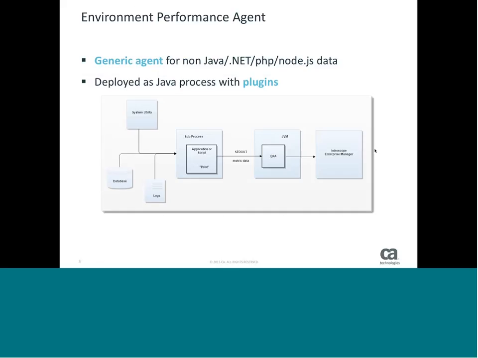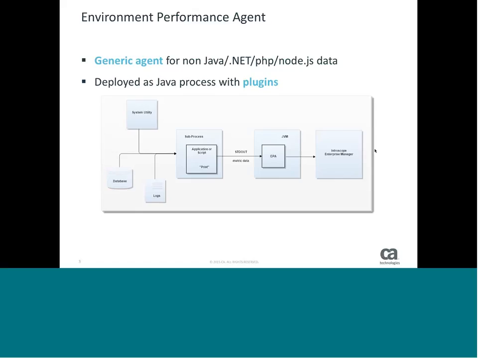You can get information from the local operating system. It's often used to enrich the information you get in CA APM with more detailed operating system metrics like I/O or network or CPU or data about processes. You can also grab information from log files.